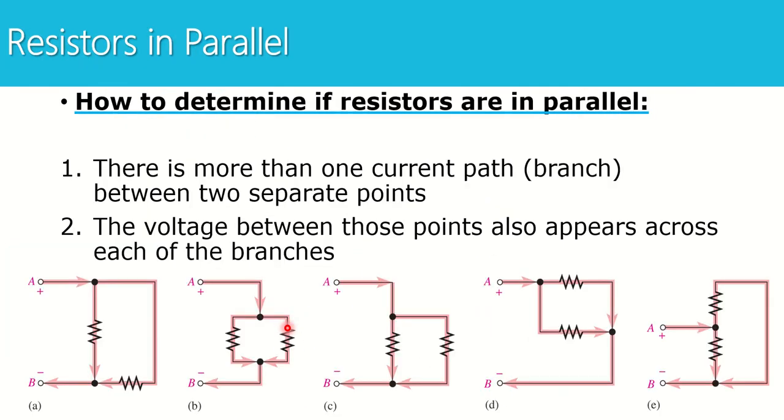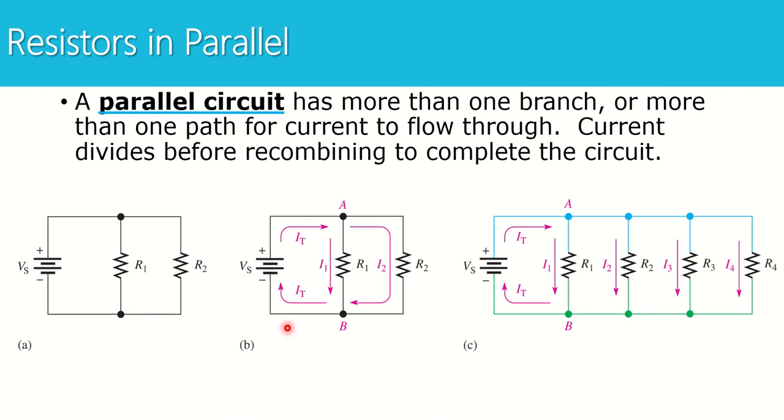KCL is Kirchhoff's current law, and it says that the total current going into a node has to equal the total current coming out. So let's say I had 4 amps of current going in, and that 4 amps splits between 1, 2, 3, 4 paths.